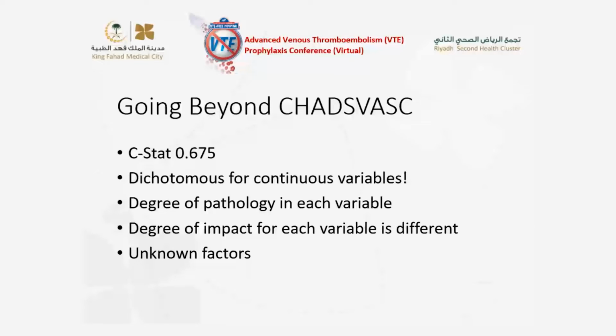There are unknown factors that we still don't know about, because at the end of the day, AFib is extremely common. It is the most common sustained arrhythmia. So there are lots and lots of patients with AFib, and 90% of them do not have strokes. So why is it that some of the people with AFib have strokes and others don't?